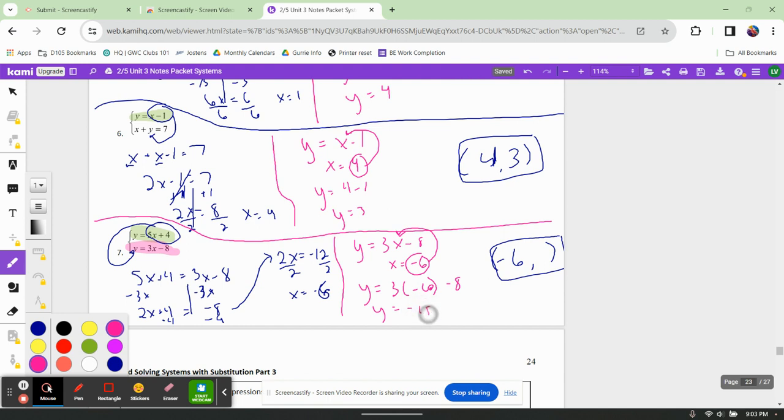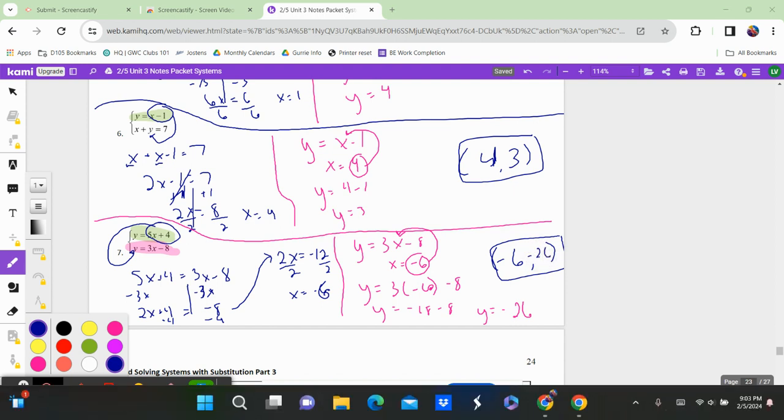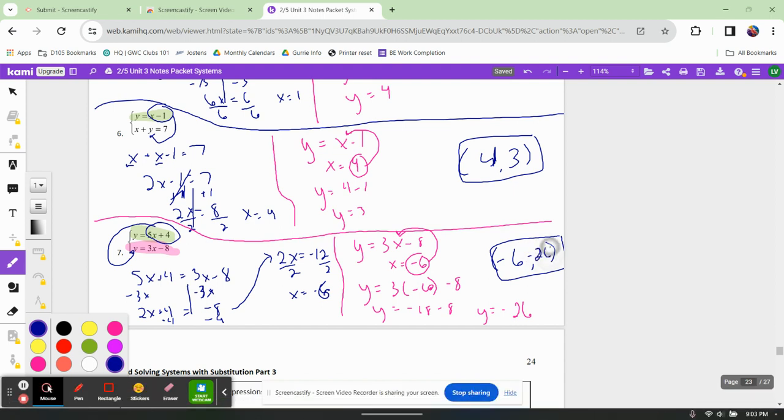So y equals negative 18 minus 8. The two negatives make it to where you're going to add those two, so that would be negative 26. So negative 6, negative 26.